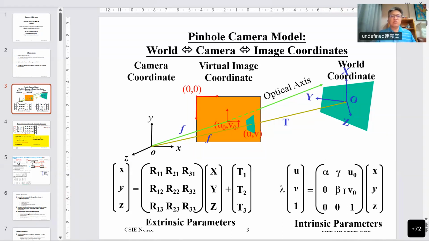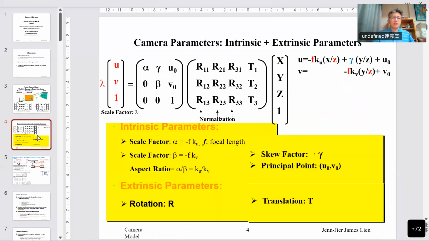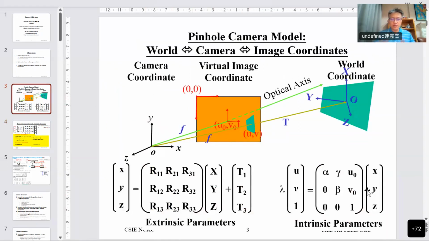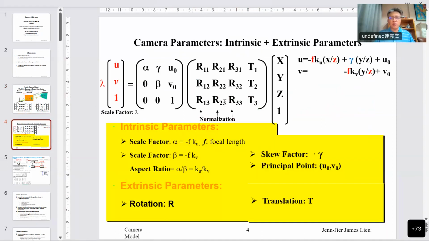So camera calibration tries to solve the extrinsic parameters and the intrinsic parameters. When we try to solve it, we will combine these two sets of equations together into one set.